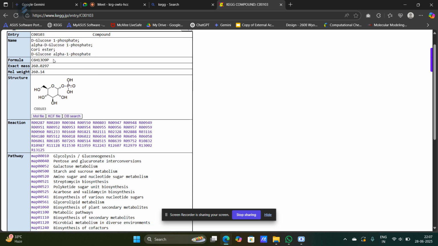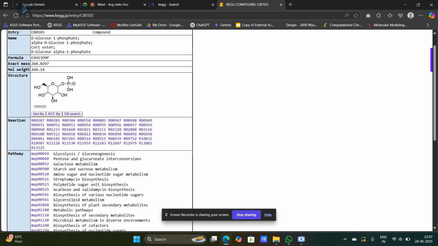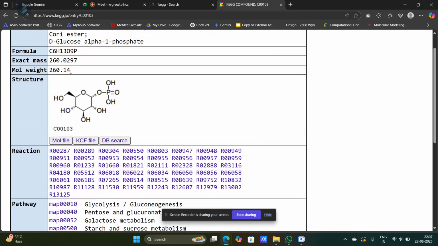And you have the chemical formula for the same, the exact mass of this compound, and the molecular weight. So what is the difference here? This molecular weight is going to be the average over the isotopes of the compound. Are you guys aware of what isotopes are? Yeah, okay.